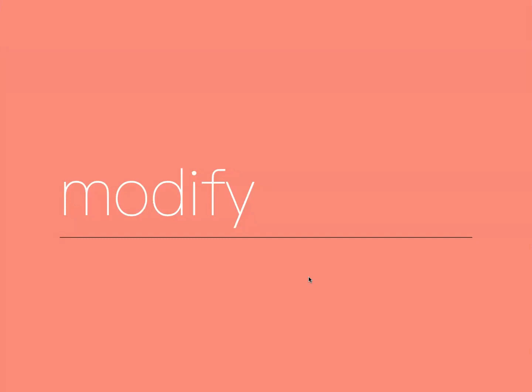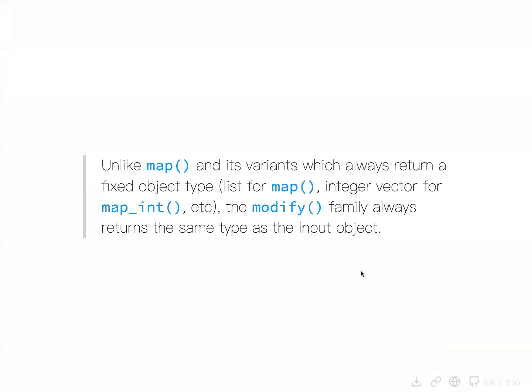Okay, good. Modify. Modify is also very similar to map. Okay, the main difference is that map always returns a list, right? Always, always, always returns a list. Map double always returns an atomic vector of type double or an error, right? Modify modifies the object.